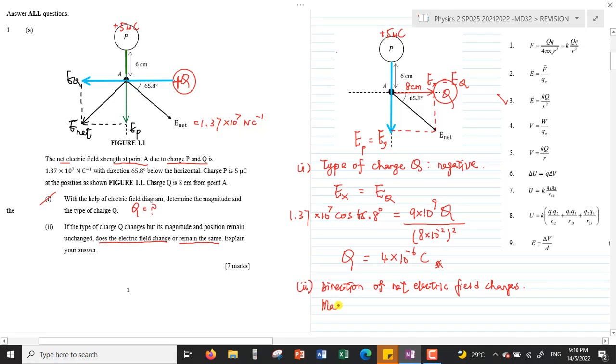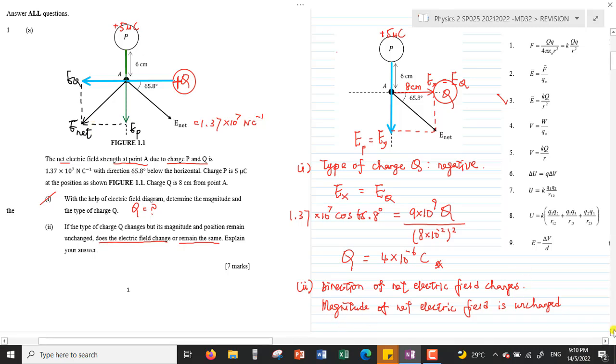Yes, the magnitude of net electric field is unchanged. So the magnitude, nilai untuk net electric field ni tidak berubah.